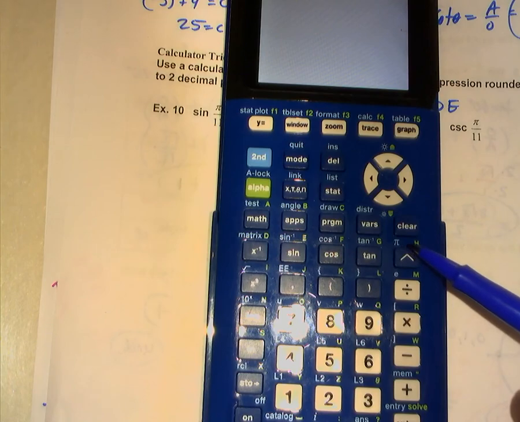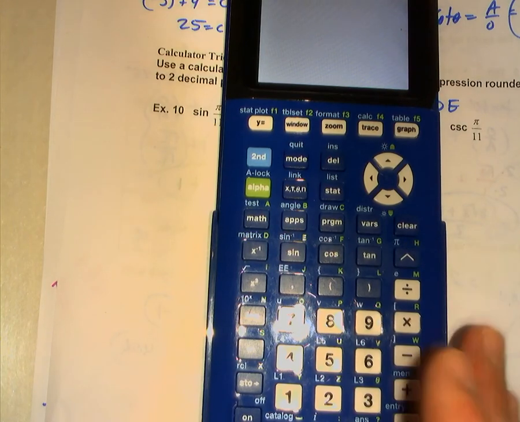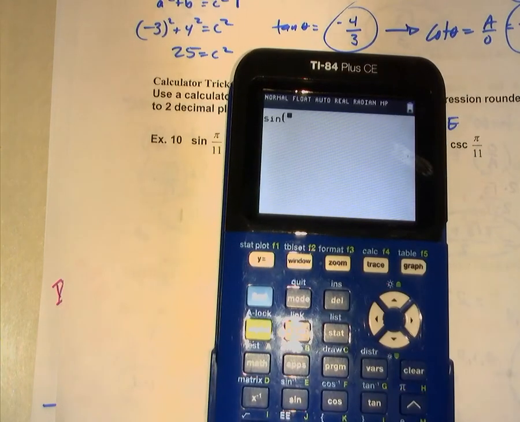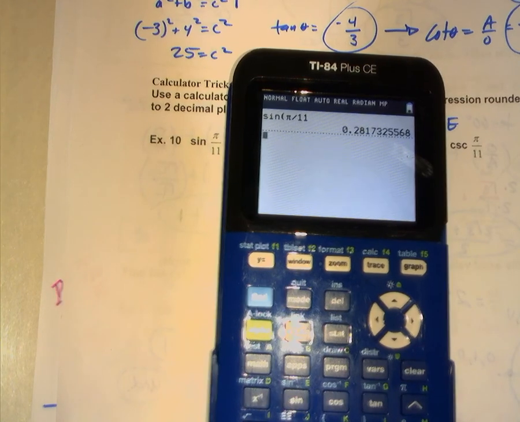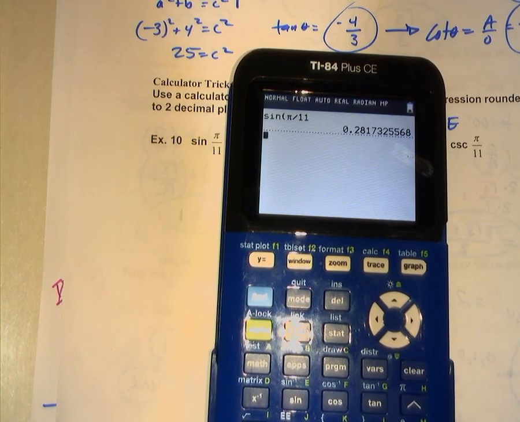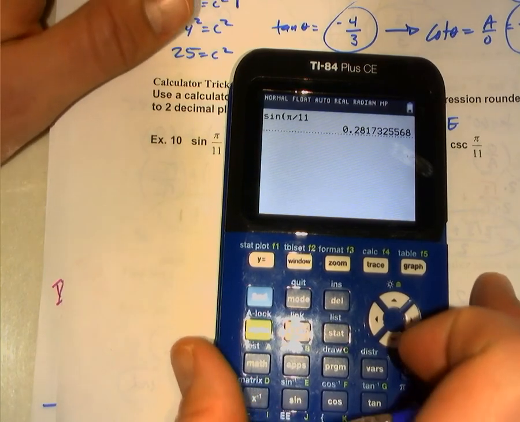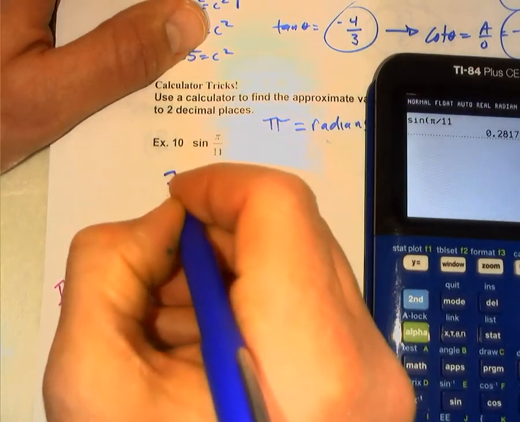Second raised 2 divided by 11. If you want to close that, you can. You don't have to on this one. It says round to 2 decimal places, so 0.281 is approximately 0.28.